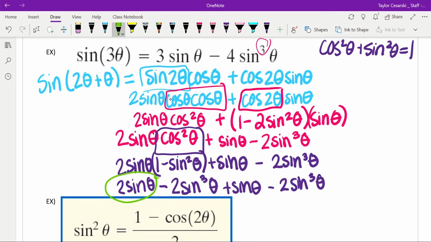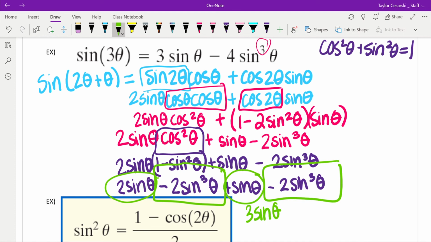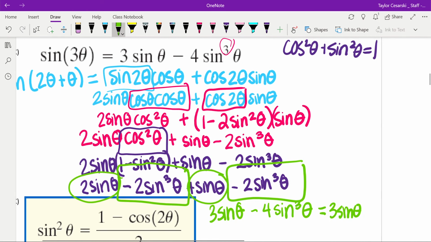I have 2 sine of theta plus sine of theta. That gives me 3 sine of theta. And then I have negative 2 sine cubed, and negative 2 sine cubed is negative 4 sine cubed of theta. And that equals the same thing on the right-hand side.